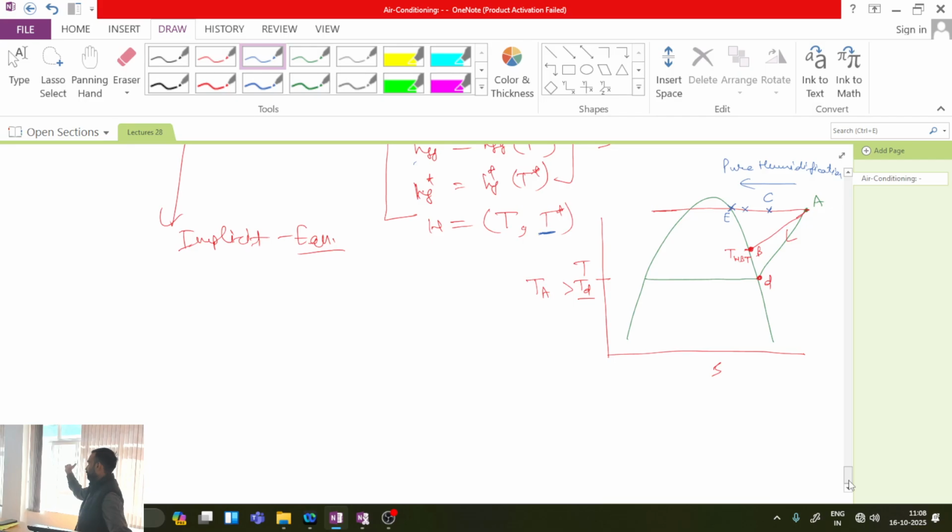For example, if you have moist air, and in this room also I will be having moist air, if I tell you that you have to determine the relative humidity of this moist air, temperature of this moist air, wet bulb temperature of moist air, dew point temperature, how will you be able to determine? Or what is the enthalpy content of moist air present in the room? So how can you determine?